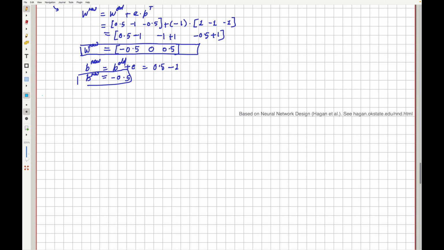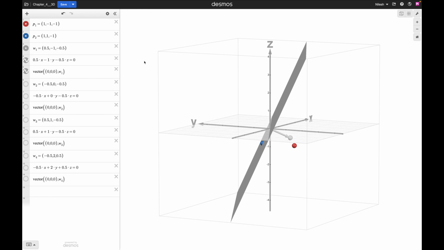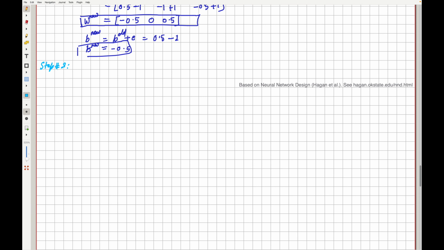So in step number 2, we are going to use these values, and the data point this time we'll use is the other one, the P2 one, the blue one. So let's do that.